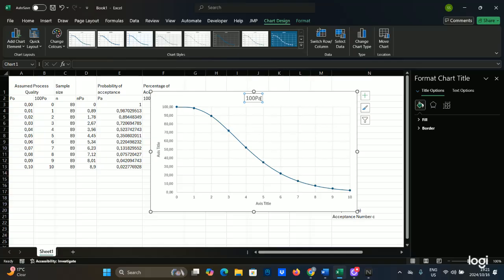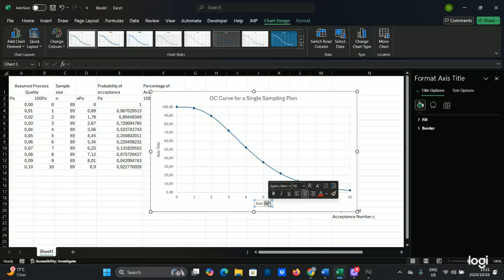Your title is going to be OC curve for a single sampling plan.